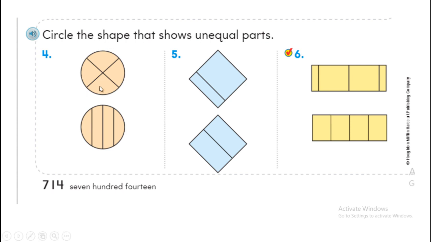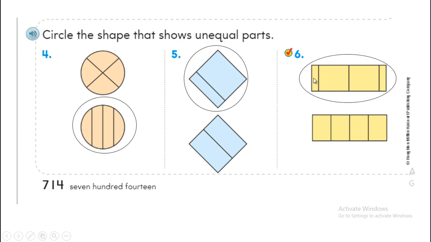Well, these are of course equal, so I'm not gonna circle this one. Let's think about this one here. These two are equal, but these are not the same. So of course this one shows unequal parts. In number 5, the first one shows unequal parts, small and big. In number 6, again the first one, unequal parts.